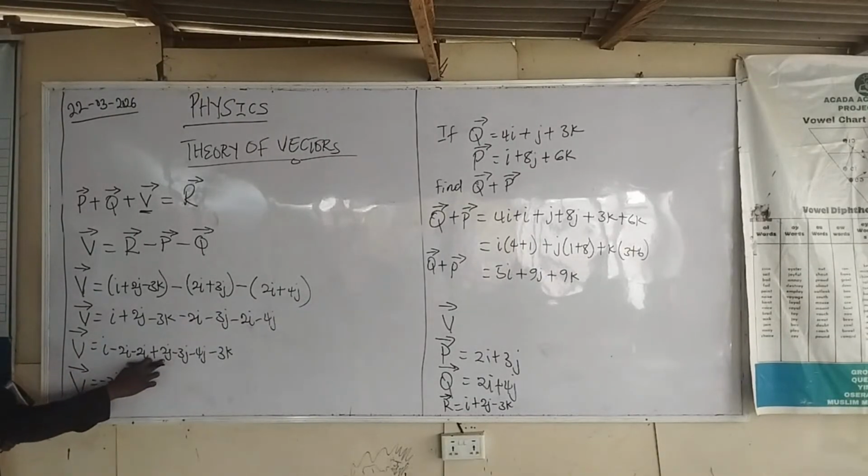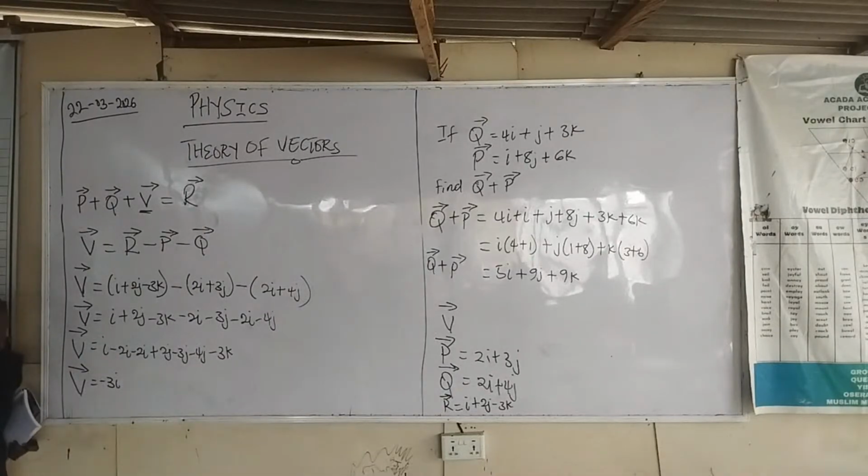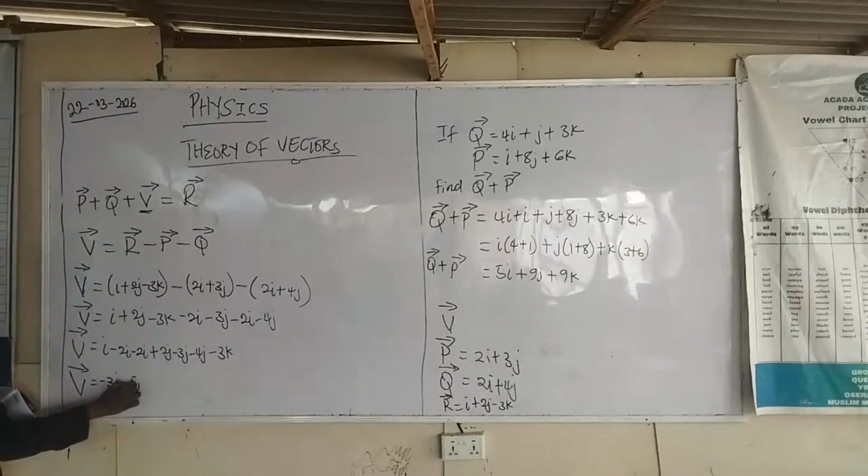Then minus 3j minus 4j, we have minus 7j. Minus 7j plus 2j, we have minus 5j. Then minus 3k.